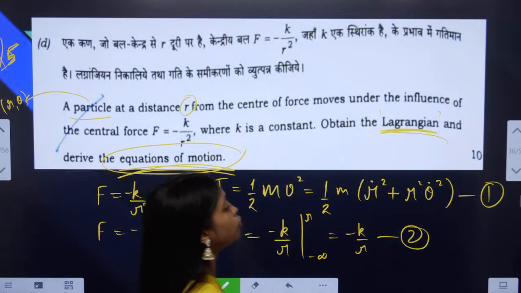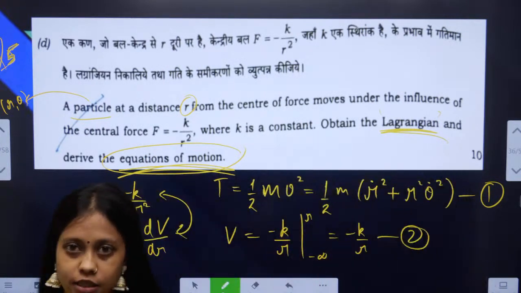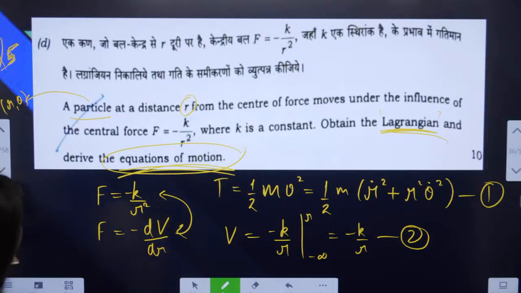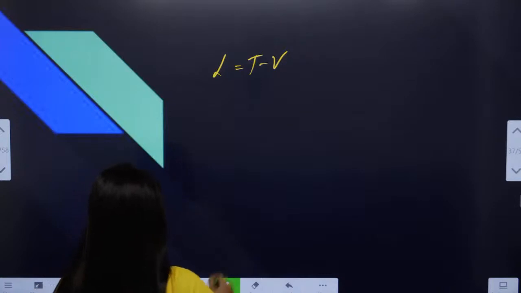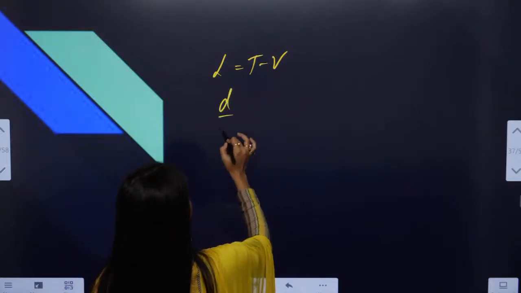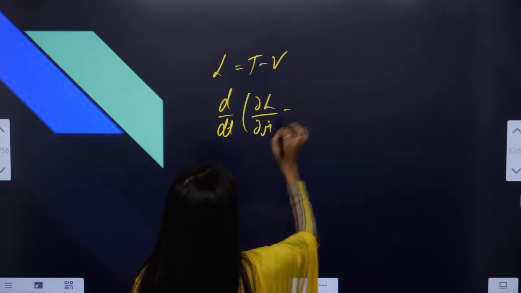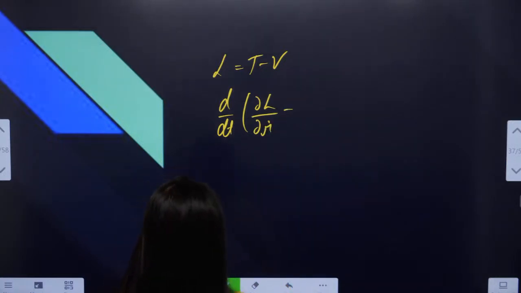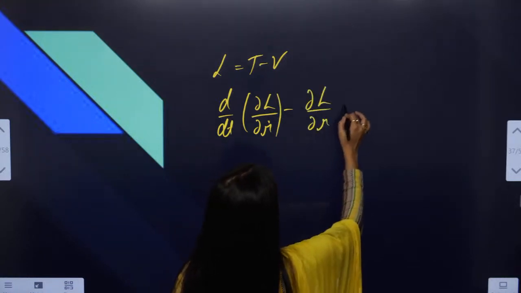Now the equation of motion you will calculate in terms of both r and theta. So that is d by dt of del L by del r dash minus del L by del r equals 0.